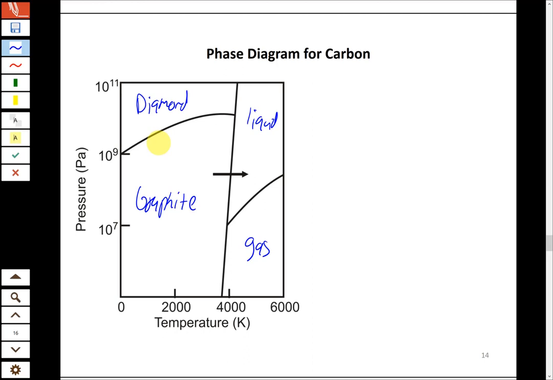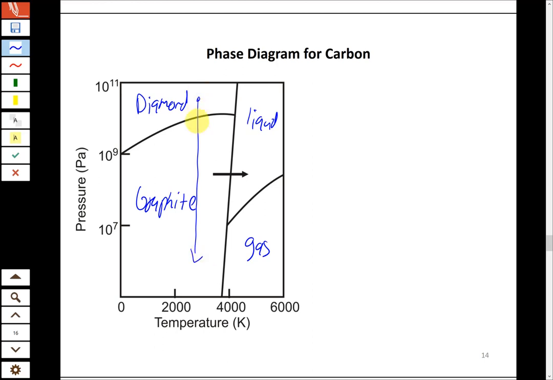Now what we also notice is that if we start with diamond at very high pressure, this is 10 to the 11th pascals, 10 to the 5th pascals is about where we exist on Earth. So this is several orders of magnitude higher than the pressure that's around us right now. So if we lower the pressure back down to regular pressure, then graphite is going to be formed instead.